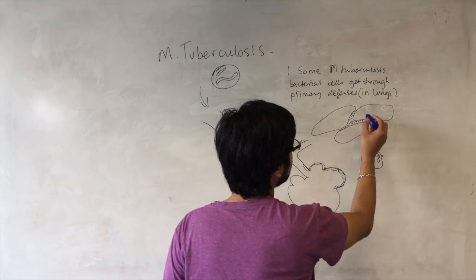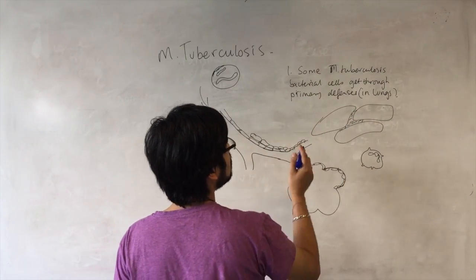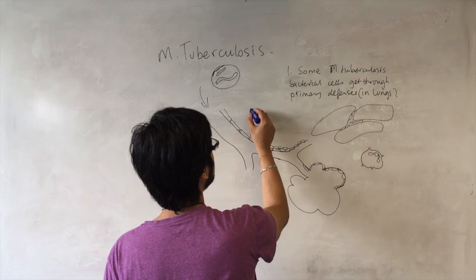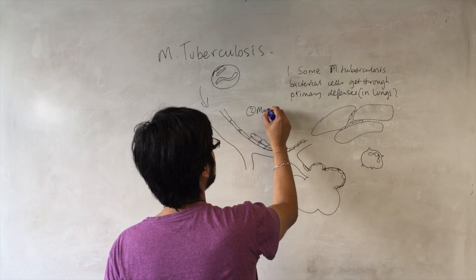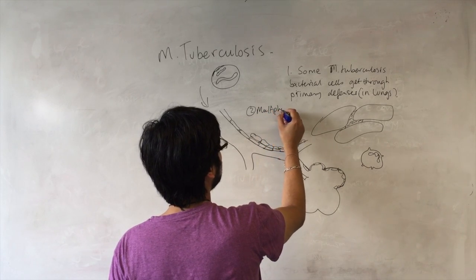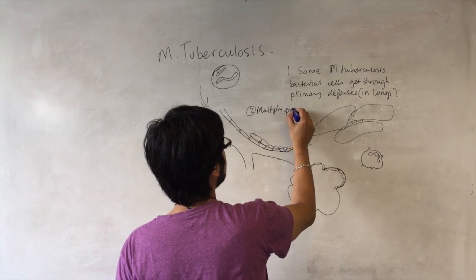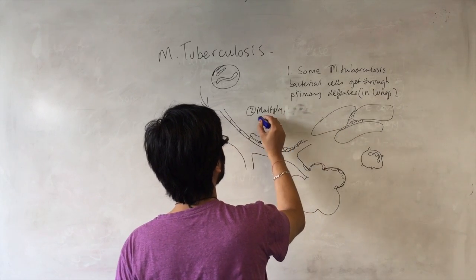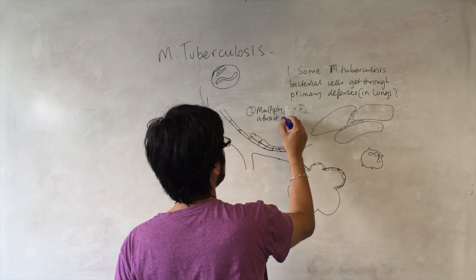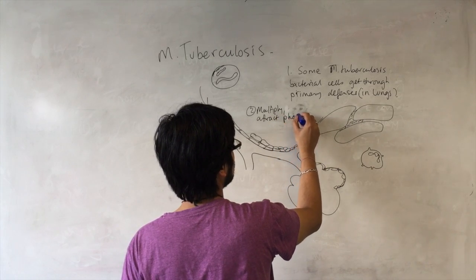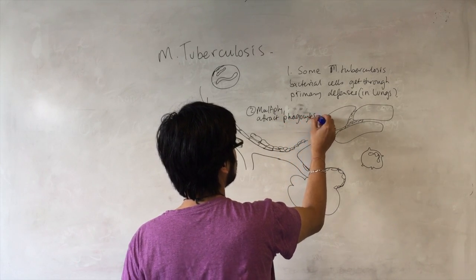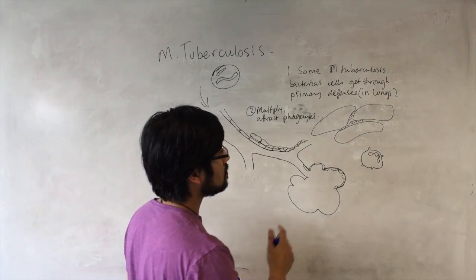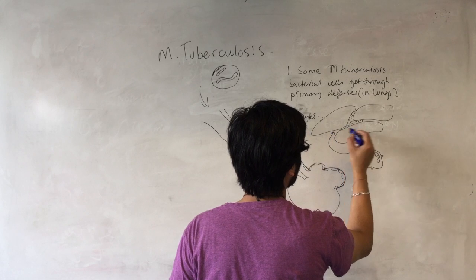So once in between the tissue cells, once they get through the primary defenses, they will multiply and essentially attract phagocytes. So they will multiply, they will attract phagocytes into the area.